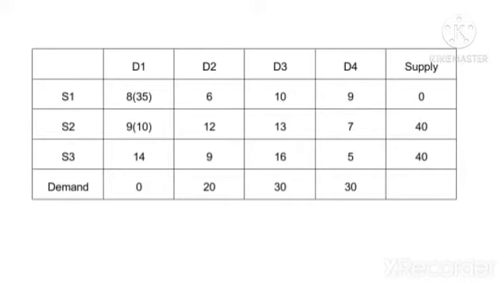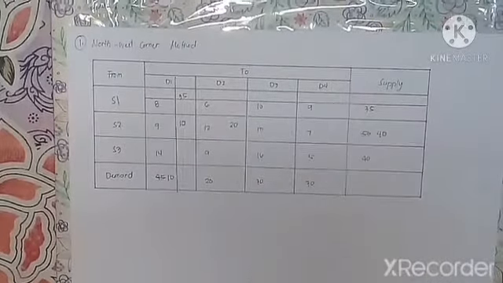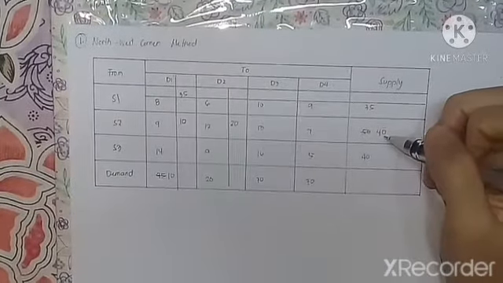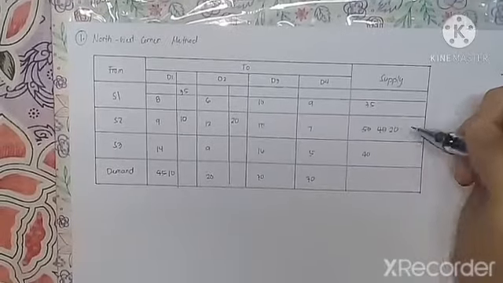For this cell, we have 20 for the demand and 40 for the supply. The least value is 20. This meets the complete demand of D2 and leaves 40 minus 20 equals 20 units with S2.